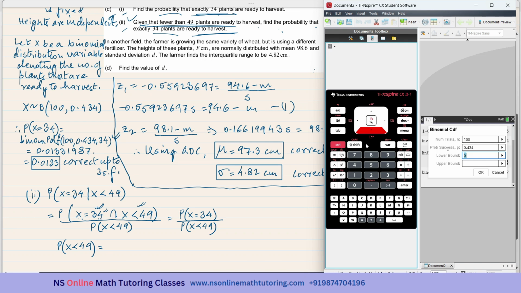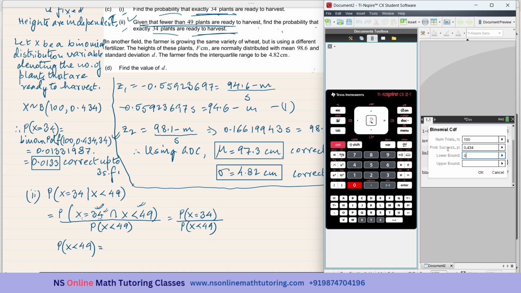The lower bound has to be equal to 0. There may not be a single plant in the group of 100 plants having height more than 98.1 centimeter. It may be possible, so the lower bound will be equal to 0. And what is the upper bound?